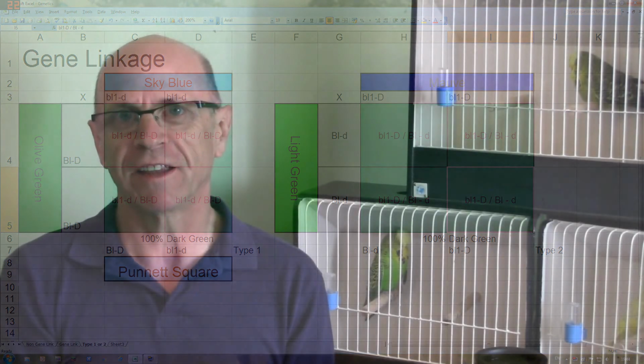Well, I hope you found that interesting and you managed to follow it and understand it. But it does produce something quite interesting, and let's have a look at our lacewing that we started with. Well, we know that the lacewing variety is actually a mixture of two different varieties, and that is the cinnamon mutation and the Ino mutation brought together on a single bird. But we also know that both those mutations are contained on the same chromosome, the sex chromosome.